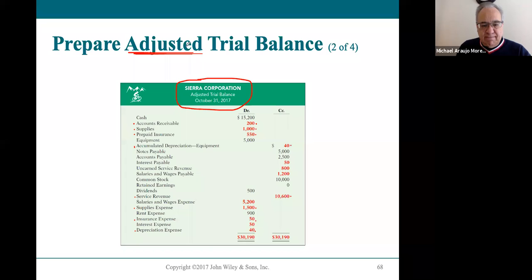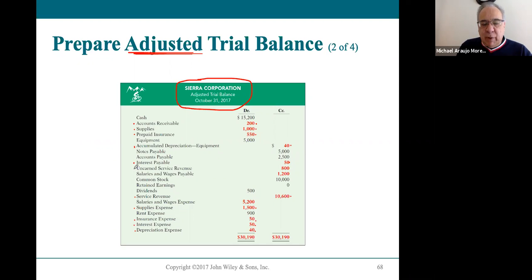You look down a little bit more, you see interest payable. Interest payable has a red number because it also went through the adjustment process. This was in learning objective 3, right? An accrued expense. We can expense interest on loans, although we're not going to be paying that interest until later. So we debited interest expense, we credited interest payable. That's learning objective 3.